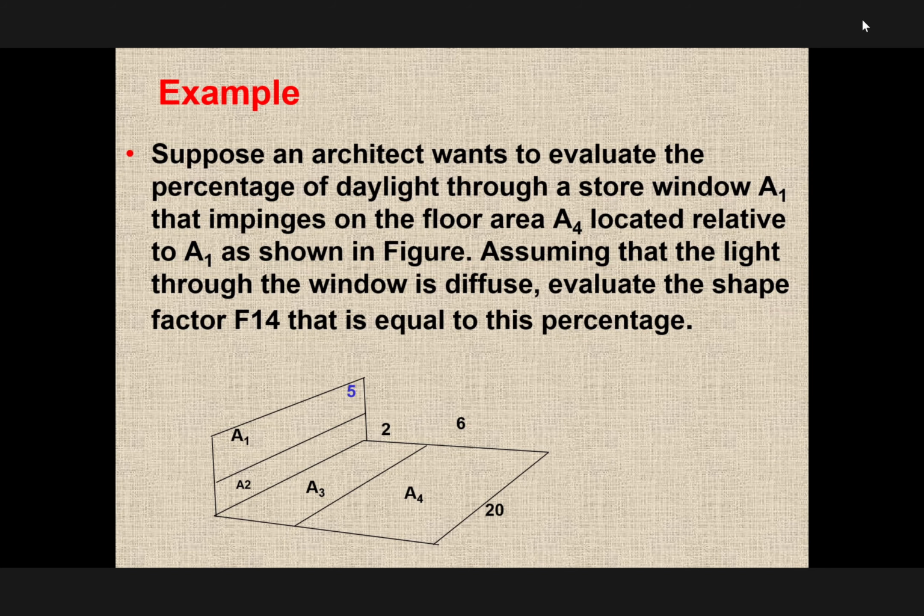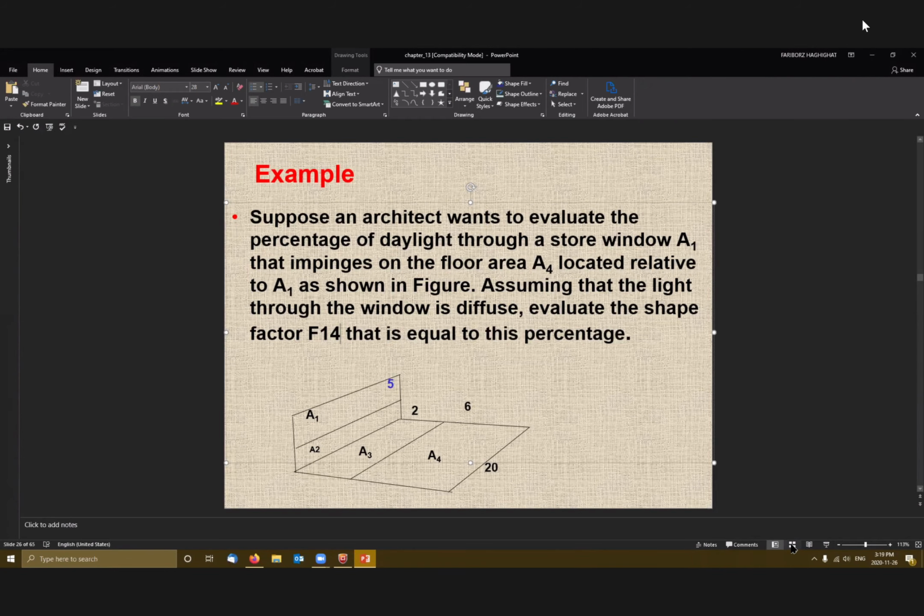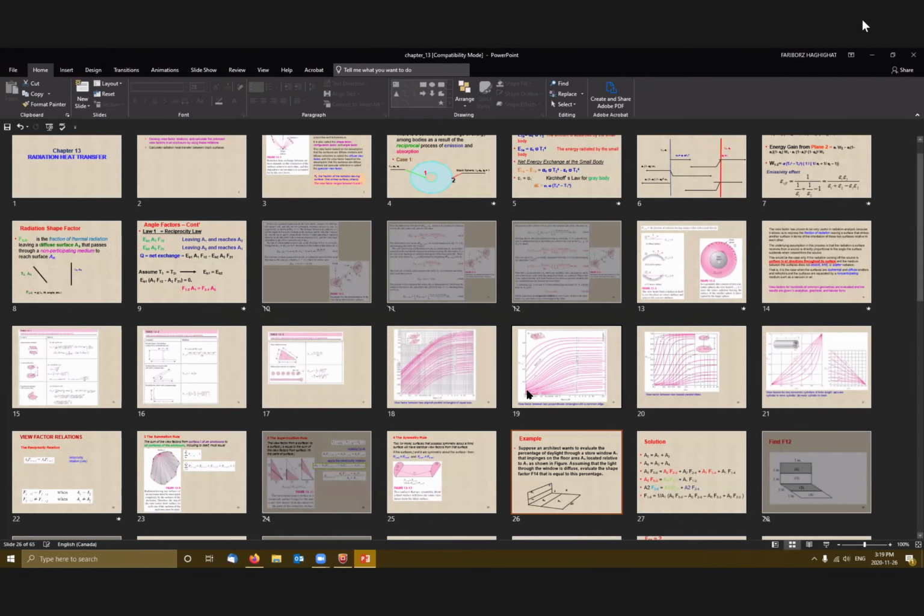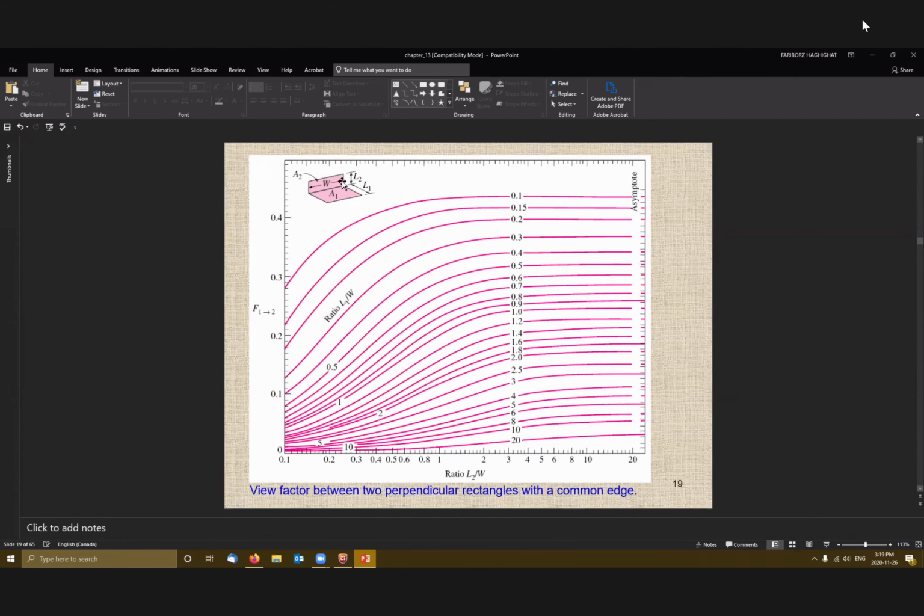Again, to solve this problem, keep in mind that you have this graph, okay? Assume that you can calculate the view factor of 1 to 2 from here. The only time you can do it is when these two planes cross each other, okay? Therefore, I can use this one because plates A2 and A1 are connected together.